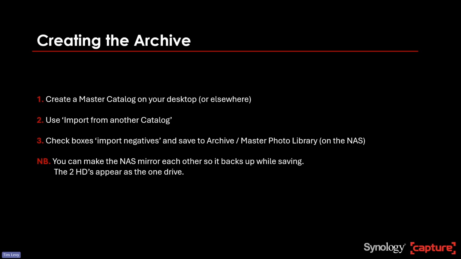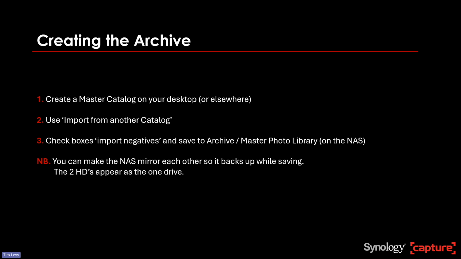So creating the archive, you can create a folder or catalog and then put it on your desktop or wherever you want on your computer. And then you use the import from another catalog. You've already got that job on your desktop. When you import from another catalog, you direct it to store it on your NAS.